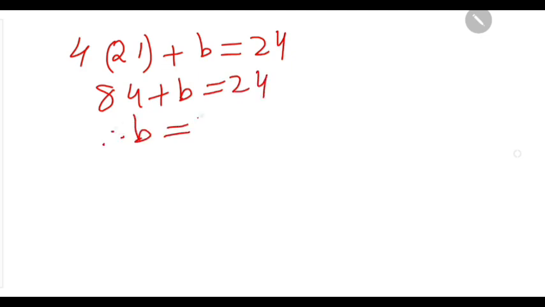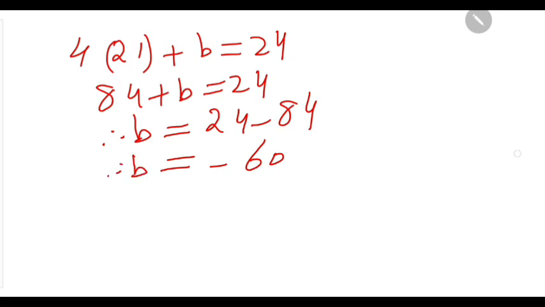Therefore b is going to be equal to 24 minus 84, because 84 switched over this side becomes a negative. So the answer is going to be -60. So therefore b is equal to -60. So now we got a and b.